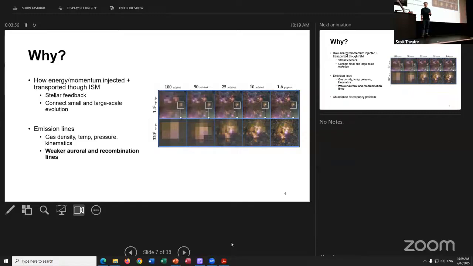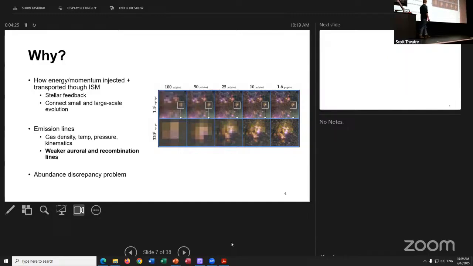A key data product for the Local Volume Mapper is emission lines. These allow you to map the density and the temperature and the pressure and the kinematics of nebulae and gas in the ISM, in the ionized ISM specifically. And of specific importance is weak lines. These lines, called auroral and recombination lines, are really interesting for a lot of important science questions.